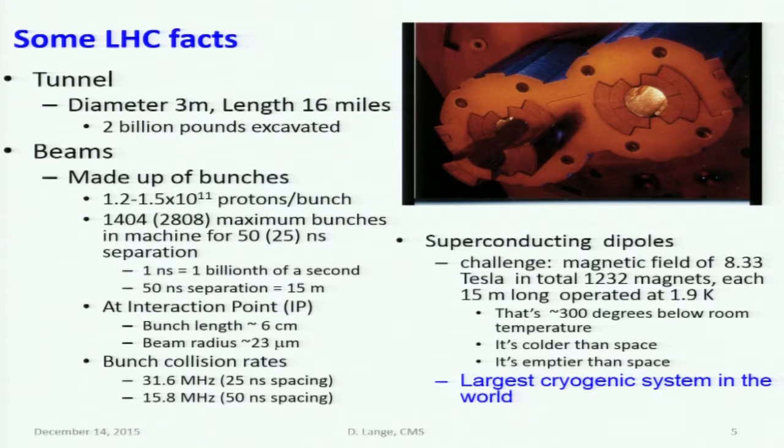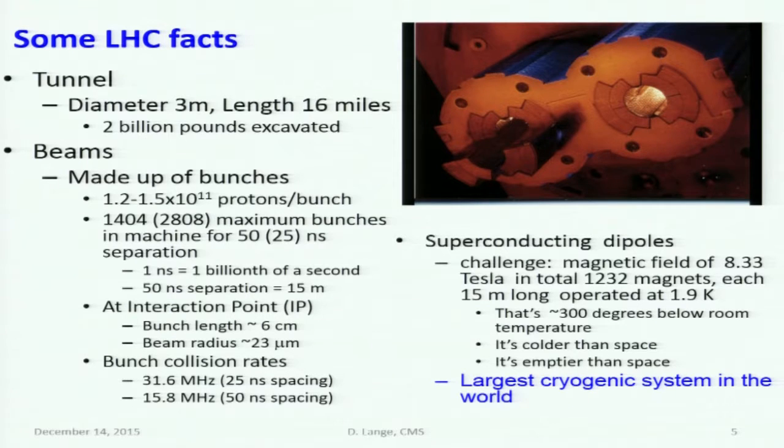This slide was just to give you some perspective on the size and scale of things. I talked about the tunnel being some miles, I slipped in miles instead of kilometers, sort of 30 kilometers. It was a big project to build this tunnel, but that happened about 30 years ago. What gets accelerated around the magnets are two beams made of protons, broken up into small bunches separated by 25 nanoseconds.